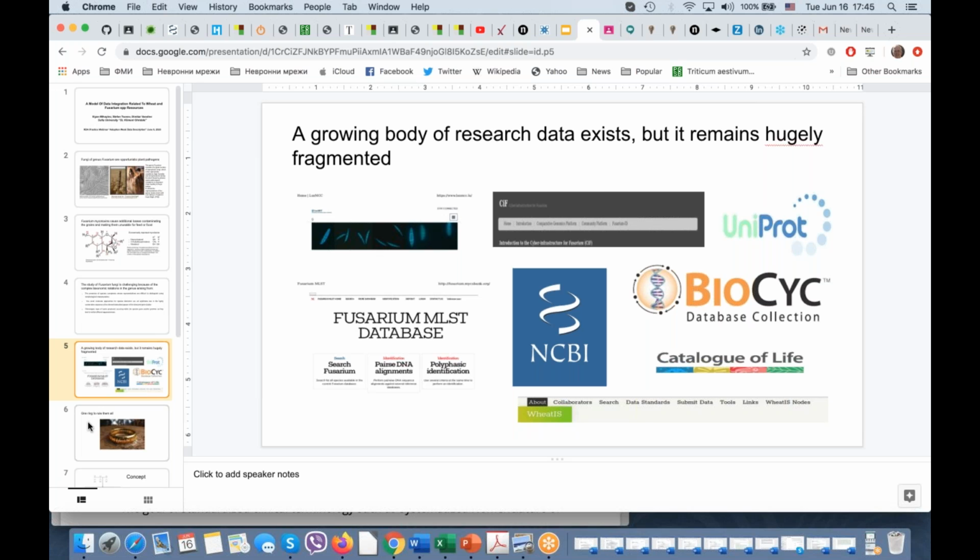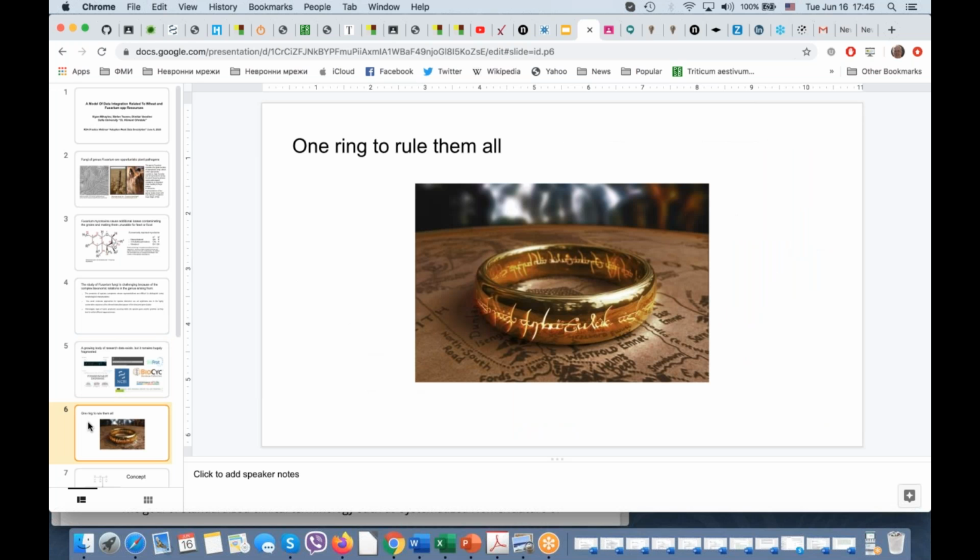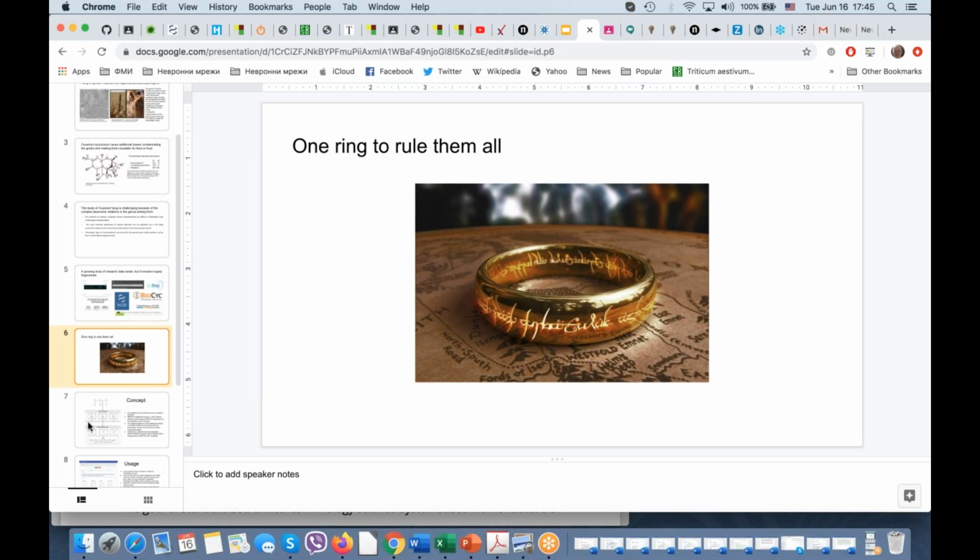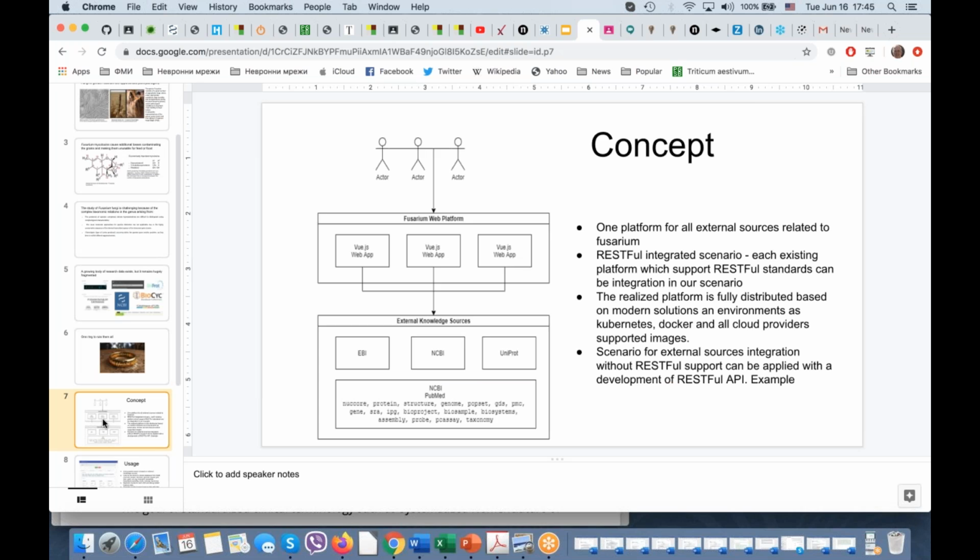And finally, our task was how to integrate all this stuff, and using the metaphor from the well-known pictures, how one ring can rule all this data. So our concept lies on two levels, two sides of solving the problem.